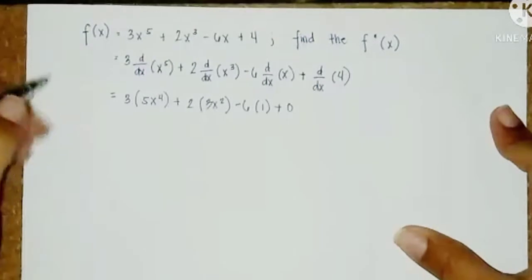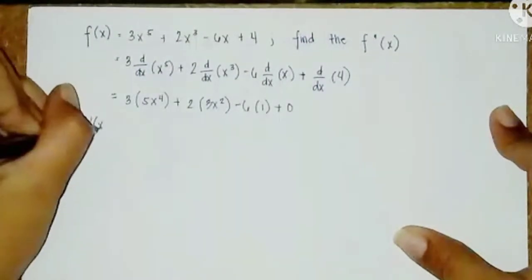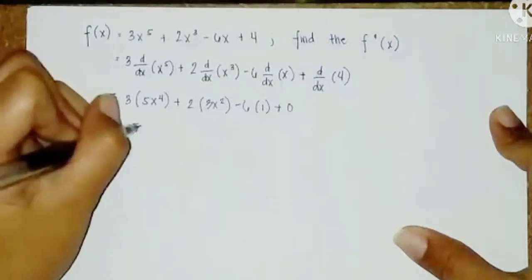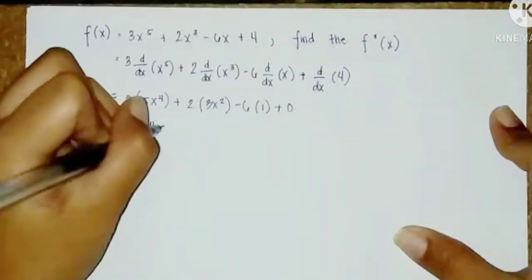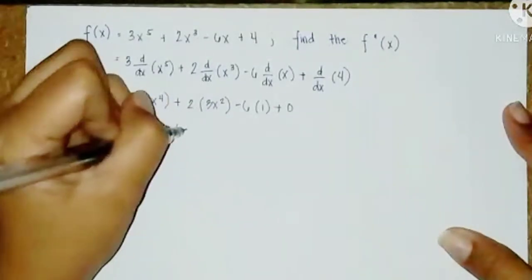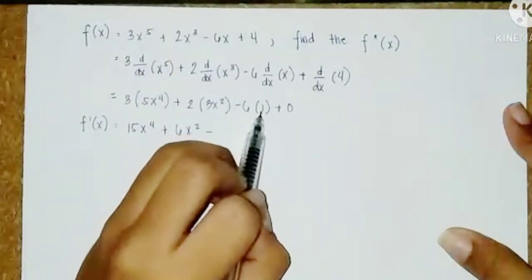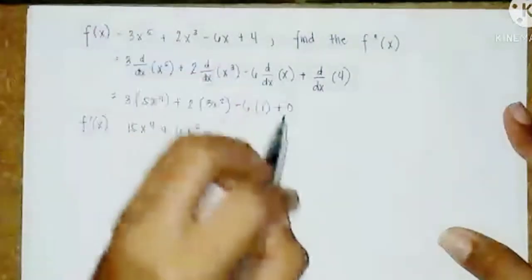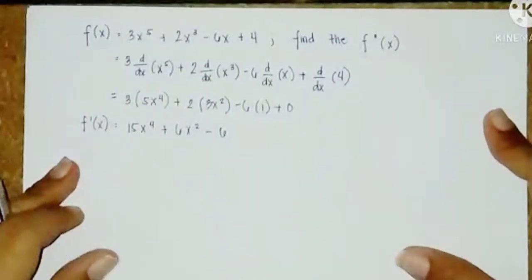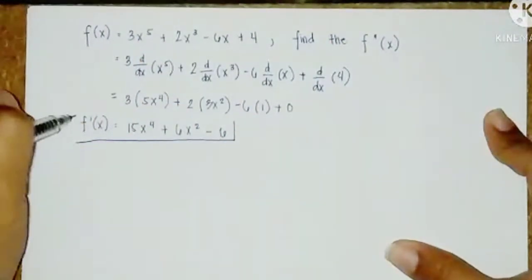So to get the first derivative, let's have 3 times 5 equals 15x raised to 4 plus 2 times 3 equals 6x squared minus 6 times 1 plus 0 equals 6. So this is our first derivative.